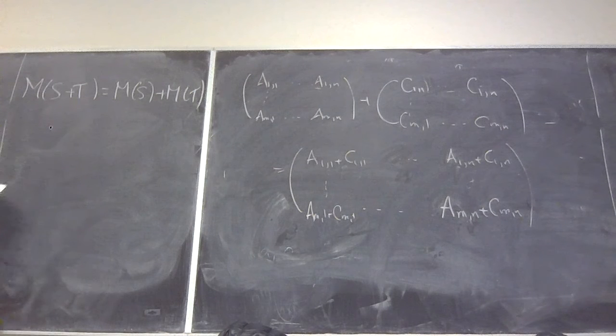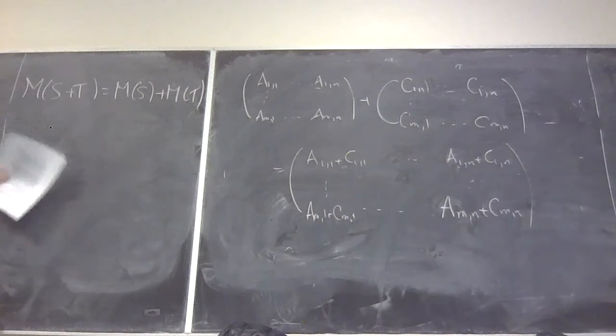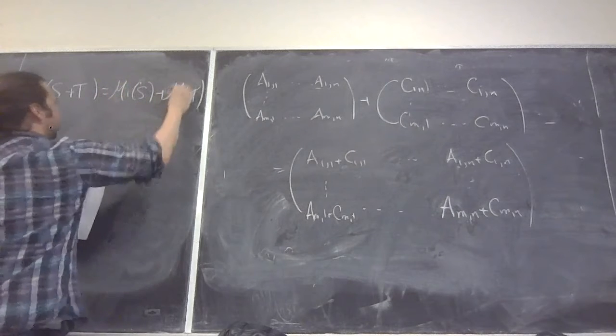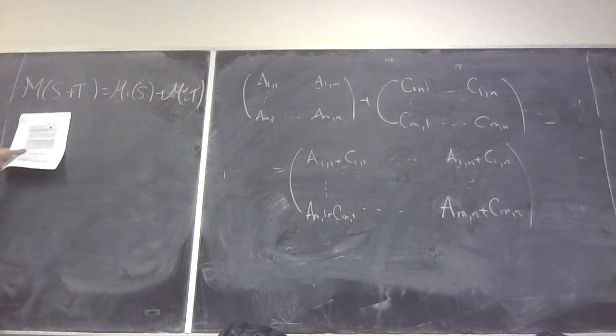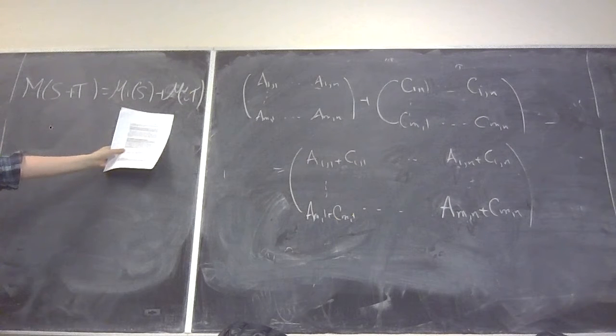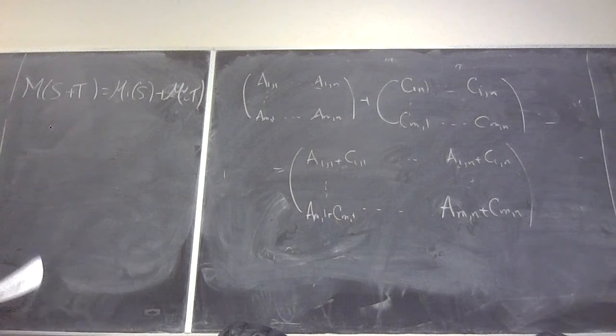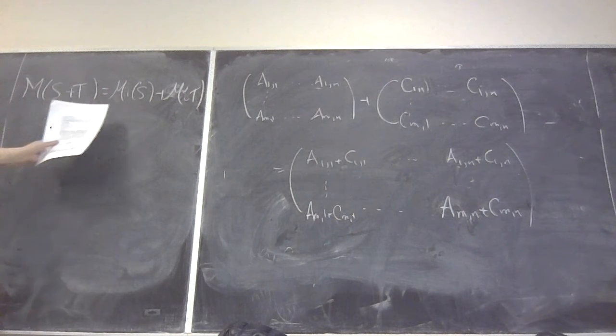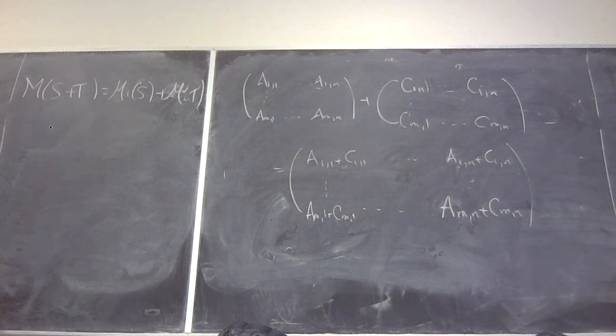So in words, and you have to be able to read the words here, the matrix of S plus T is equal to the matrix of S plus the matrix of T. So the sum of linear transformations has a very easy matrix. The matrix that represents a sum is just the sum of the matrices. It's easy to show.